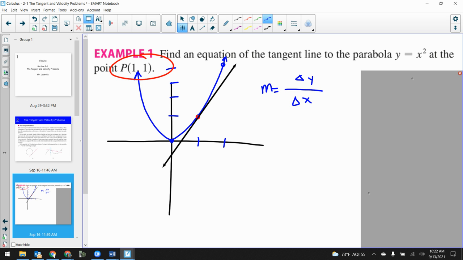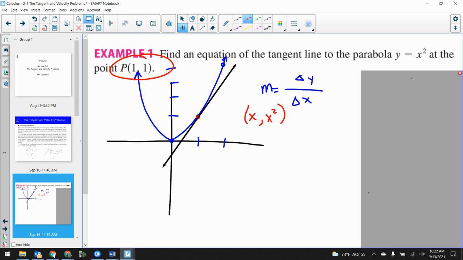Well, if I know (1, 1), I can use the rule of the function, right? Because y is equal to x squared. If I plug in x, what's my output? x squared, right? I know I have this coordinate, x comma x squared. Input x, output x squared.